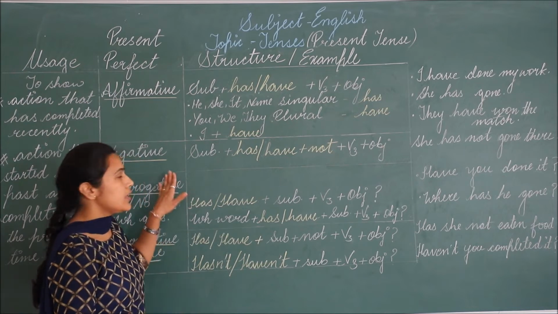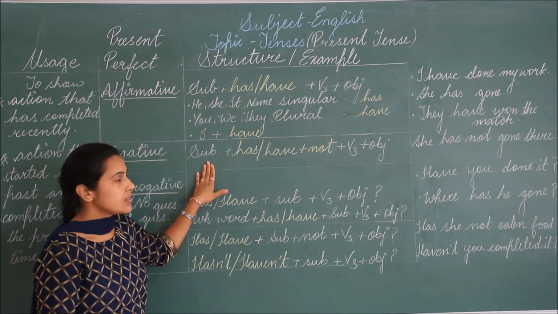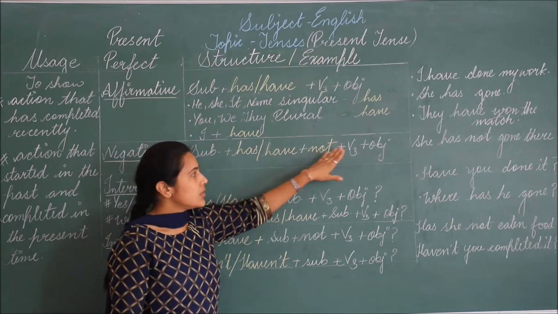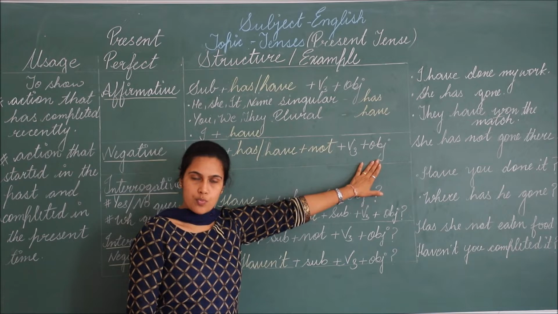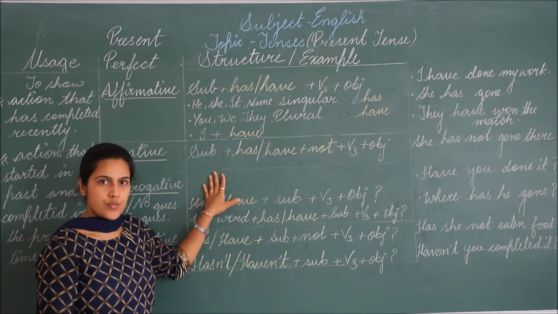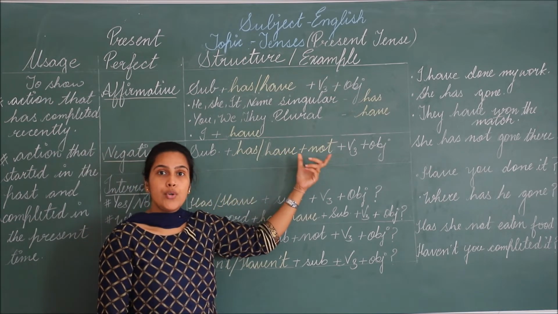Then we have negative sentence. Negative sentence, subject, then has, have, plus not, verb third form and then object. In negative sentence, first we put subject, then we use has or have and then we place word not.